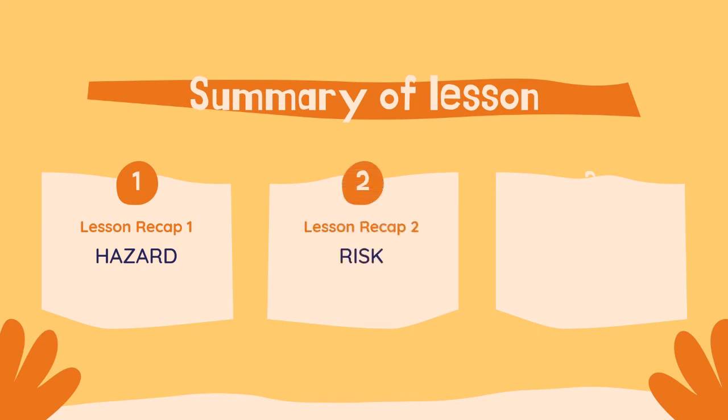For lesson recap 2, the risk is the chance or probability that a person will be harmed or experience an adverse health effect if exposed to a hazard. For lesson recap 3, the adverse health effect is any change in body function or the structures of cells that can lead to disease or health problems.